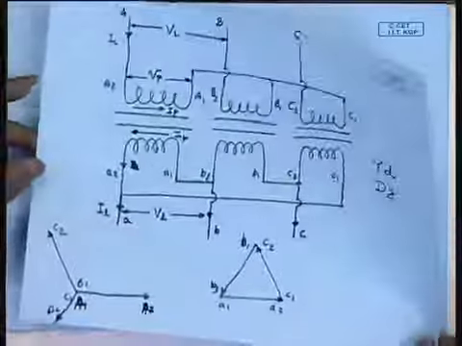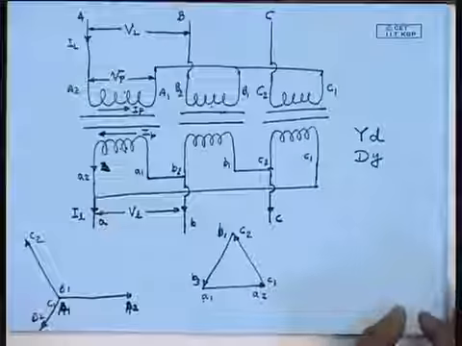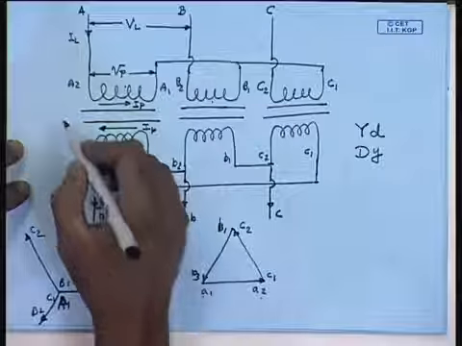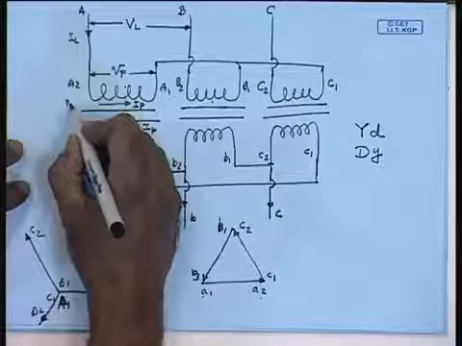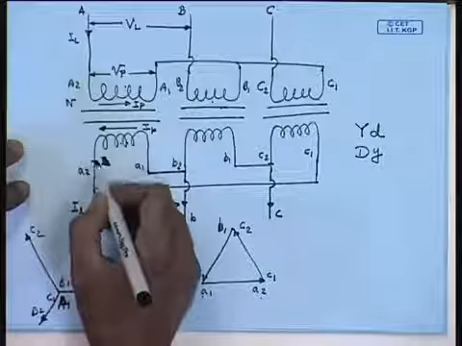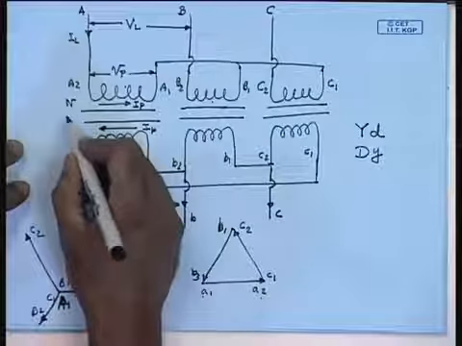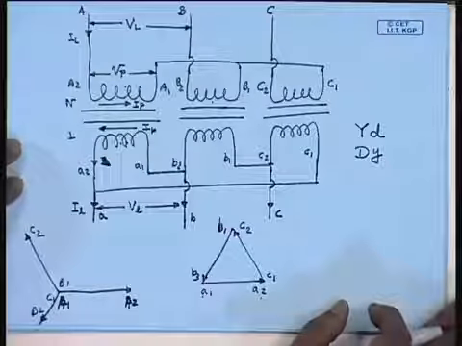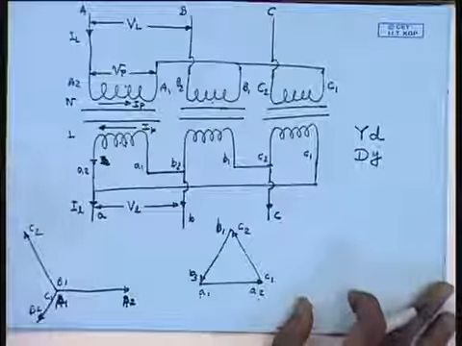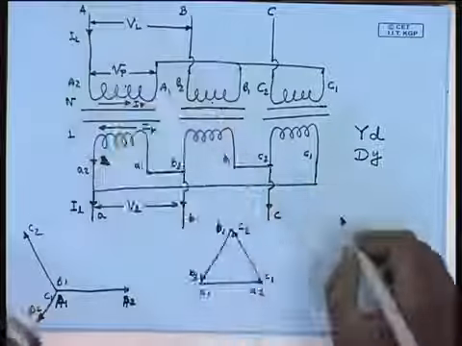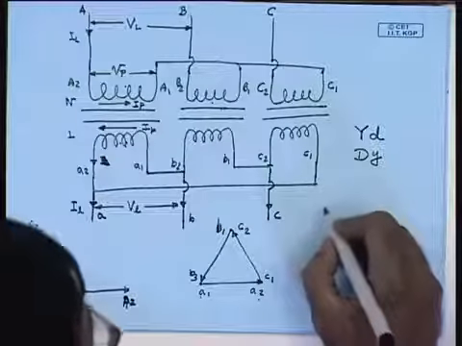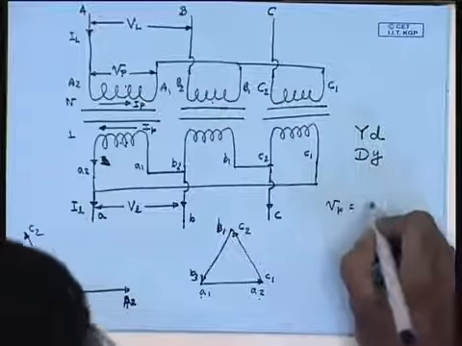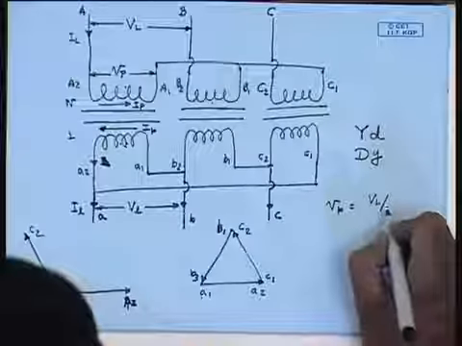Now, let us look at the phase voltage, line voltage, phase current and line current transformation ratio. For that, let us assume that the high voltage side has n number of turns and the low voltage side 1. So, this is an n:1 transformer, in which case we see that on the high voltage side the phase voltage Vp equals the line voltage Vl by √3.